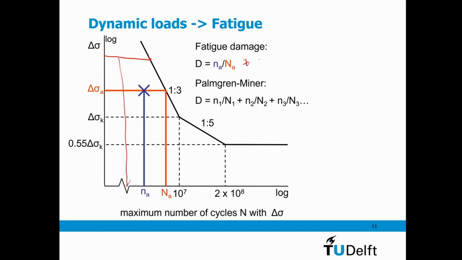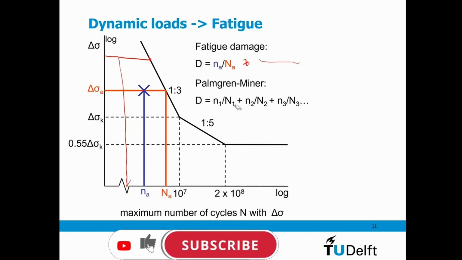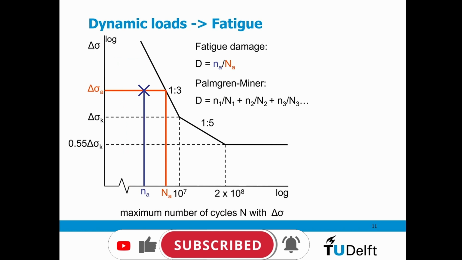So I can sum up all these different stress variations: the number of load cycles divided by the number of load cycles for failure at that stress level, and I can sum this up. And this is what you call the Palmgren-Miner rule, that you can sum up the fatigue damage. So this is a fairly practical approach.